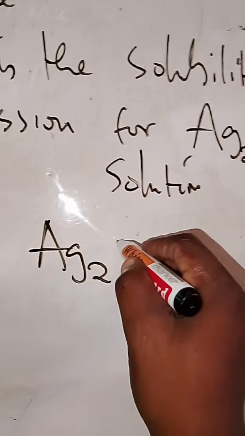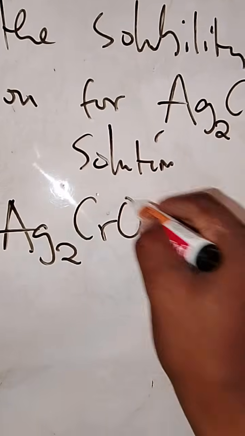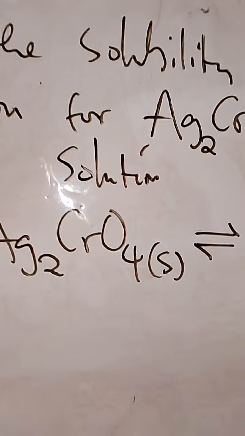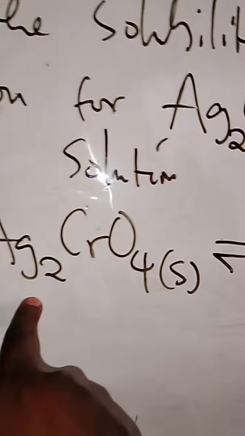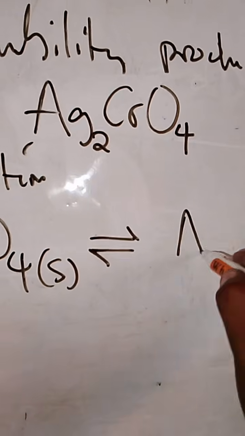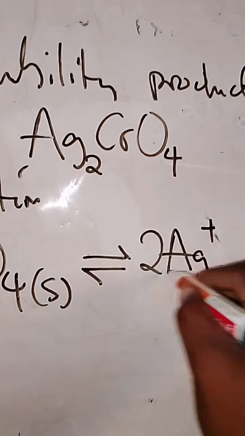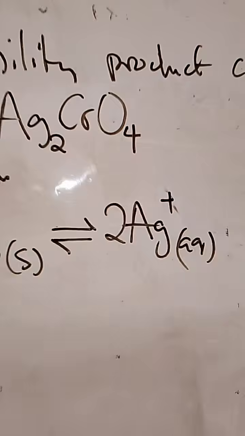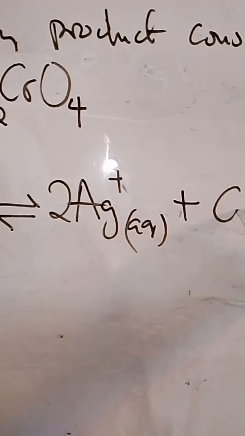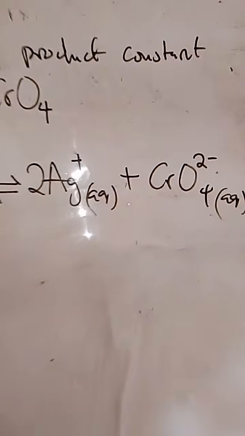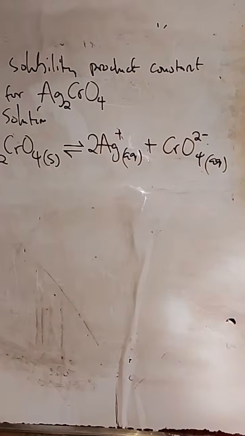Silver dichromate, a solid, will give us silver ion aqueous, since there are two here, plus dichromate aqueous. So it will look like this.